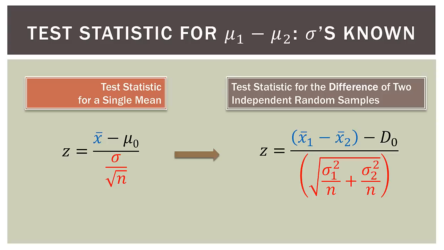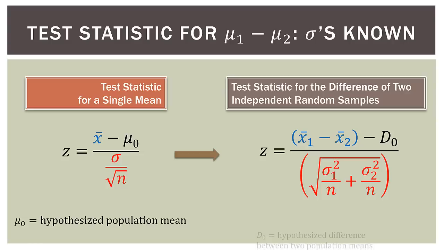From that, we subtract our hypothesized mean difference, which in this case is going to be 0. In the denominator, we have our standard error again. Remember on the left, sigma divided by the square root of n is our standard error. Over here on the right, the standard error for the two population case looks very similar. There's a little difference in the exponents and the radical sign, but the basic structure is the same.